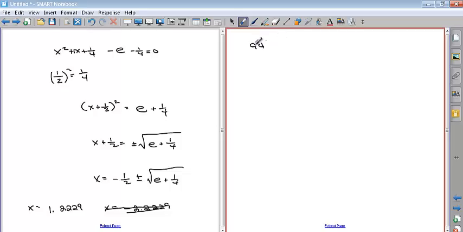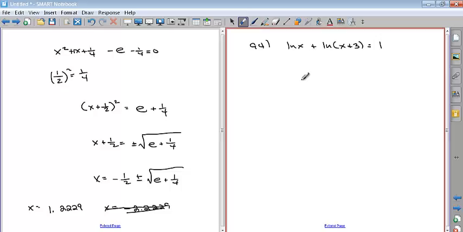Okay, 94, natural log of x plus, yeah, this is very similar to the last one. Get the right numbers in here.